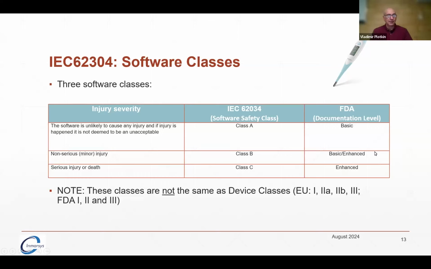So you really need to look into the FDA classification and the guidance, and then you'll figure out whether it's basic or enhanced for class B. But class C is definitely enhanced. And these are not the same as device classes. It's very simple: these are 62304 classes, your software classes, not the device classes.